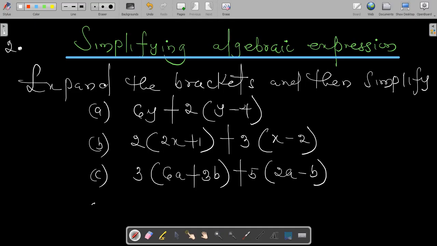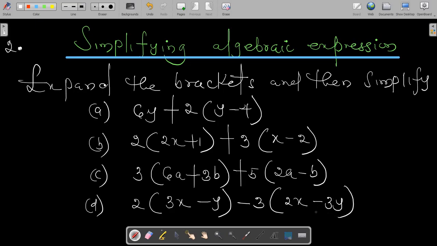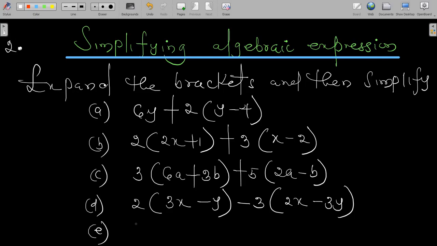The D part of the question: 2 into bracket 3x minus y, minus 3 into bracket 2x minus 3y. The 5th question here, we have x into bracket x minus 7, so we are going to take them one after the other, 4 into bracket x minus 7.